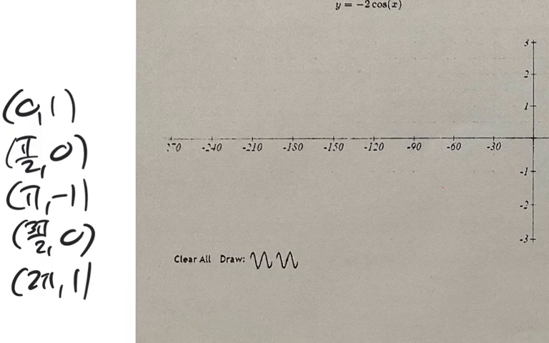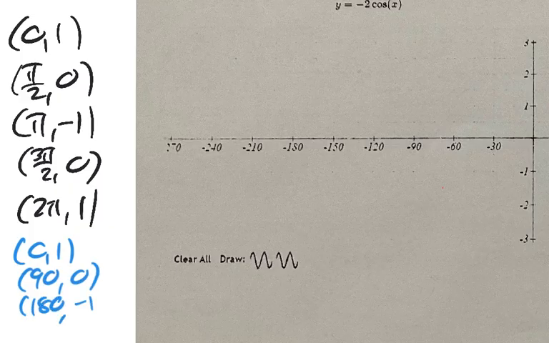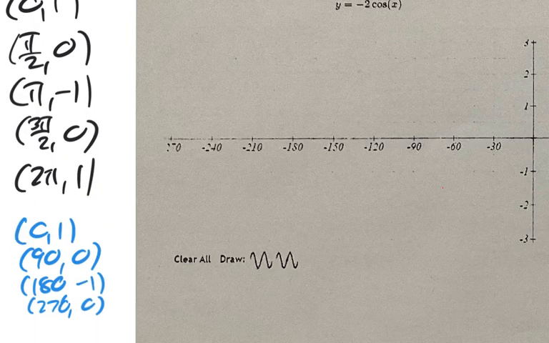So can I change these from radians to degrees? So let's just go ahead and do that. 0, 1, 90, 0, 180, negative 1, 270, 0, 360, 1. Those are the default ones, right? Nothing's happened to them. I just changed from radians to degrees.